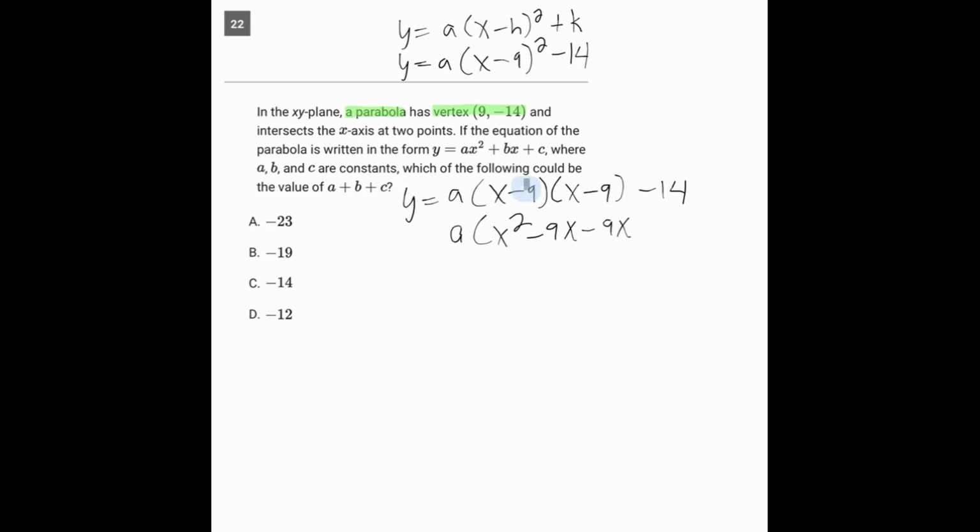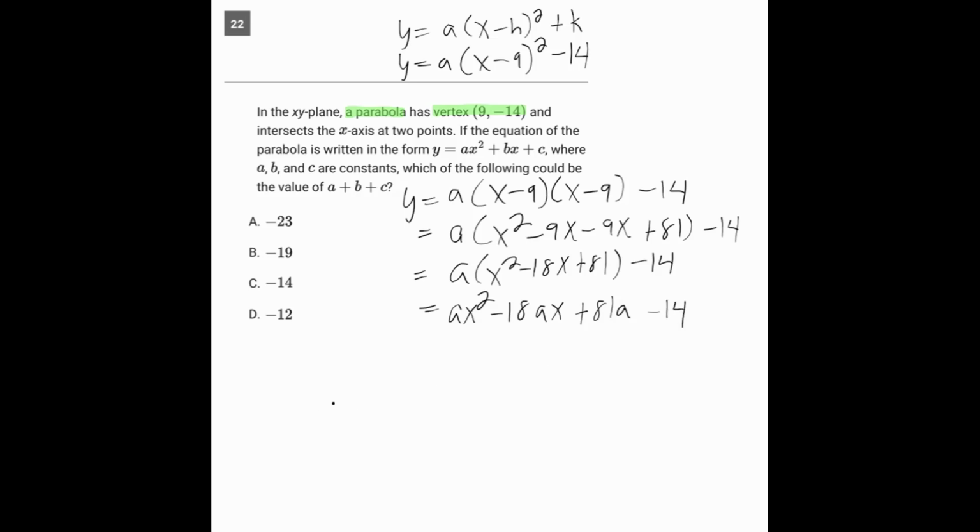And last times last is +81. Now we can combine like terms. And we can now distribute the a into everything here. Ax squared minus 18ax plus 81a minus 14.